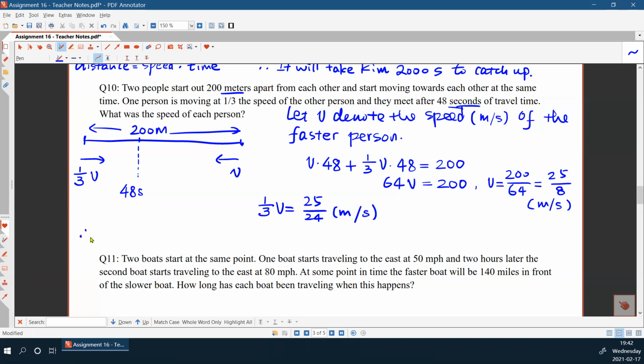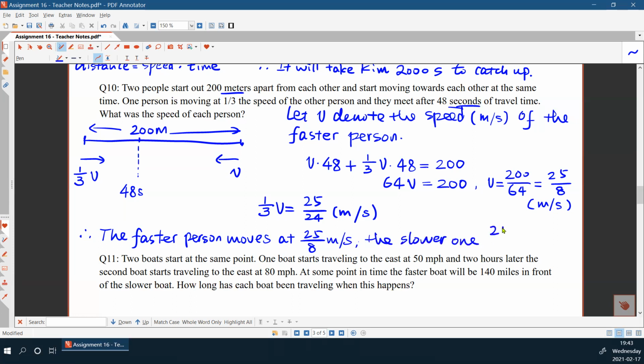So now we can make the conclusion here. The faster person moves at 25/8 meters per second. The slower person moves at 25/24 meters per second.